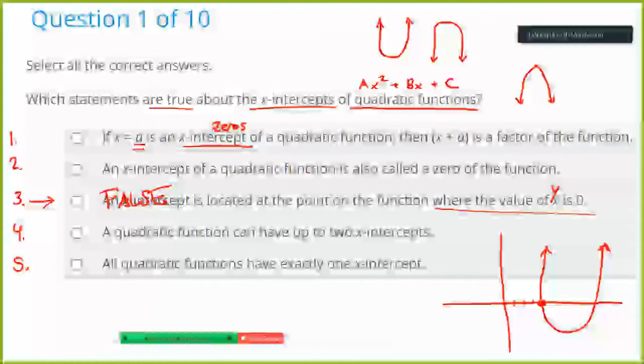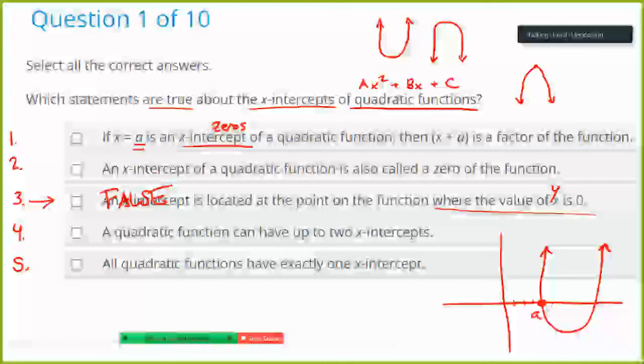Maybe it's 4, maybe it's 20, maybe it's 112, whatever. The point is we're going to call it a. So x is equal to a is an intercept. So that means for when we factor it, it should be the opposite sign in the factor, x minus a.